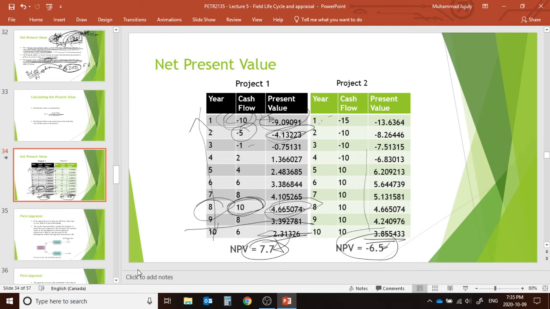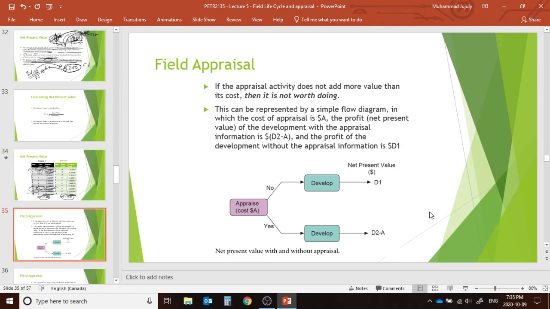That means if I run the project, after 10 years we'll get lots of profit, $7.7 million, for instance, returned. But if I go for project 2, then I will lose $6.5 million. So definitely I will choose project 1 if I have the alternatives, right? So this is how the NPV works. Okay, clear?